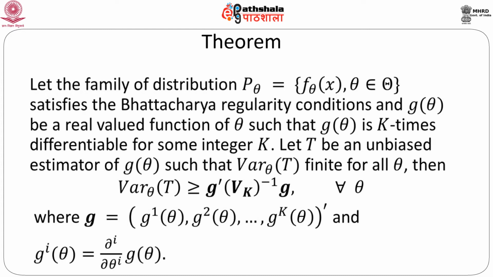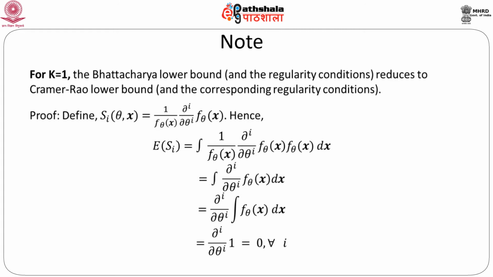Then variance of T is greater than or equal to g-prime V_k inverse g for all theta, where vector g is equal to (g^(1)(theta), g^(2)(theta), up to g^(k)(theta)), where g^(i)(theta) is the derivative of g(theta) with respect to theta of order i. Note that for k equals 1, the Bhattacharya lower bound and the regularity conditions reduce to the Cramer-Rao lower bound and the corresponding regularity conditions.